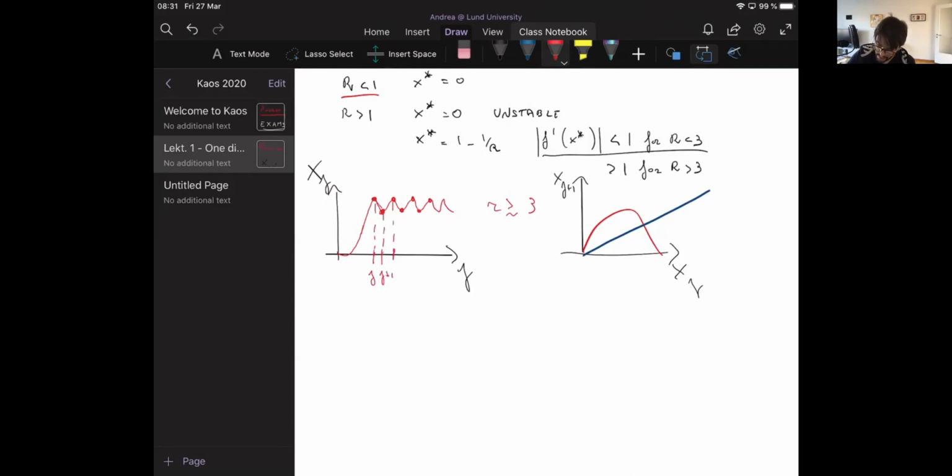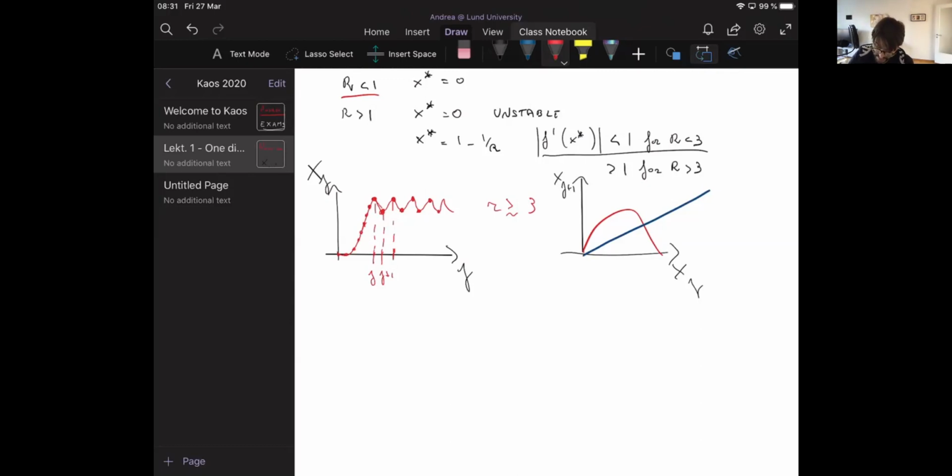So the system will just jump back and forth. I draw the lines because this is convenient, but actually this will be just a set of discrete points, and the line is just to guide the eye. And then you will arrive at a point where the system will jump up and down for each and every step. So this system is not stable, it does not have a stable fixed point.